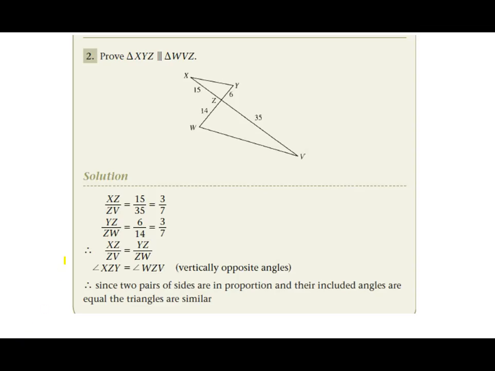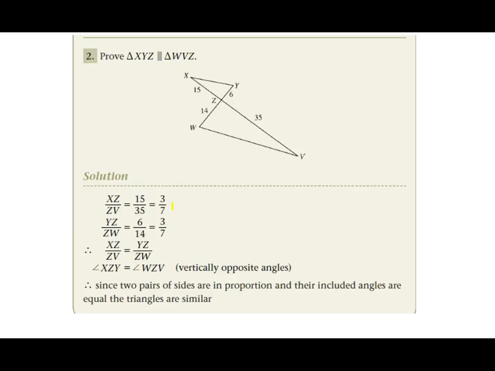Now, in this example, you've got to prove that triangle XYZ is similar to triangle WVZ. Now, what we need to remember here is that this side corresponds to this side, and that side corresponds to that side. So in the solution then, side XZ over ZV, so that becomes 15 over 35, simplifies down to 3 over 7.